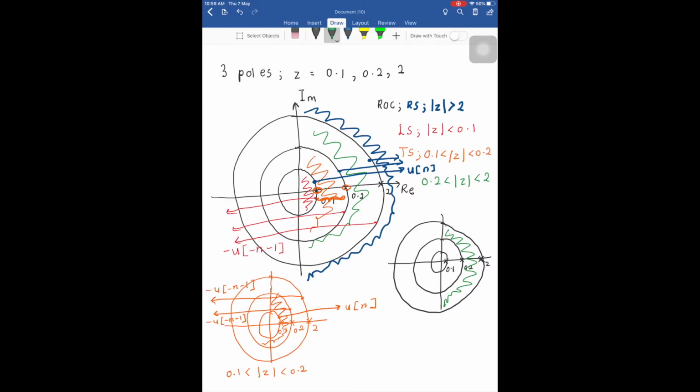Again, 0.2 is your innermost pole, and 2 is your outermost pole. So 0.2 will approach to right, and 2 will approach to left, since 2 is the outermost pole. What happened to 0.1? 0.1 is inside the innermost pole, so it will also approach to right. So the function is u of n. Okay?